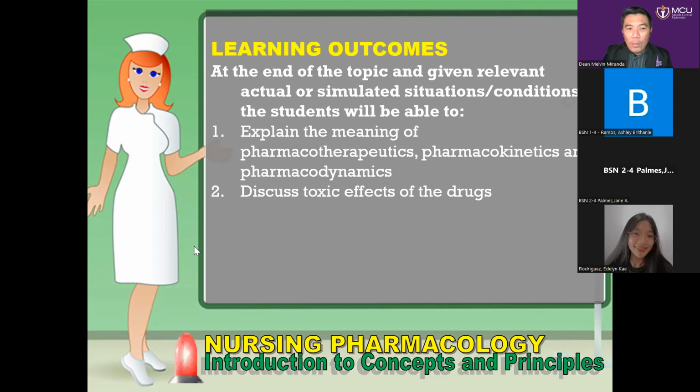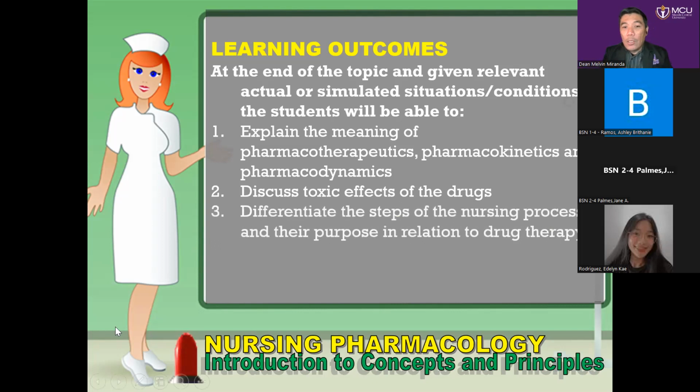Another knowledge that we need to consider in pharmacology, aside from toxic effect, is the use of the nursing process. We are aware of the nursing process as a systematic way of managing medication administration. In the nursing process, there are situations where nurses may not need to refer to the doctor and depend on the doctor's decision when it comes to medication administration.